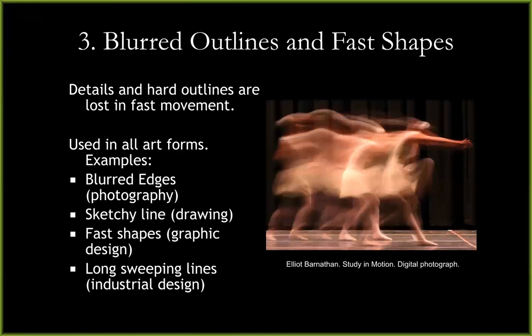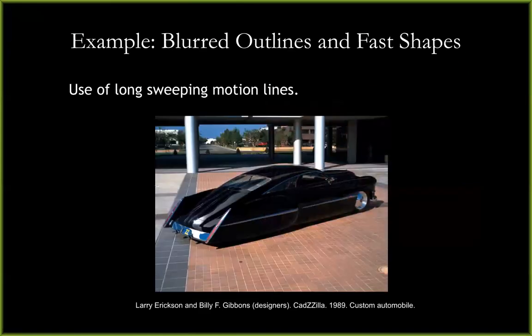This is used in many, many art forms, including photography, line drawing or gesture drawing, graphic design, and industrial design. Here's an example of a Godzilla-like car, using long sweeping motion lines to establish a sense of a fast moving object.